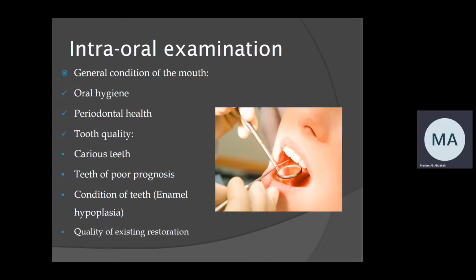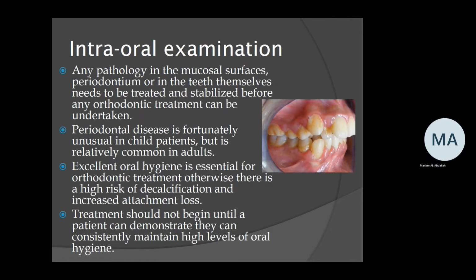Tooth quality needs to be recorded properly, especially carious teeth, teeth of poor prognosis, any enamel hypoplasia or problem with the tooth, and the quality of existing restorations. Why are we doing this? Because any active pathology related to soft tissues or to the tooth has to be treated and settled before any active orthodontic treatment is started.